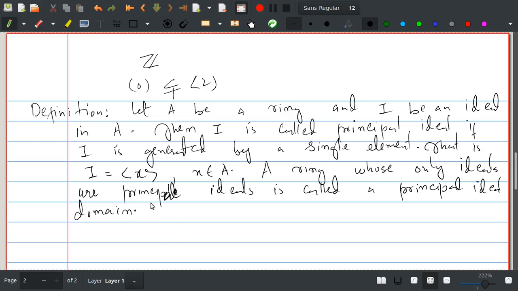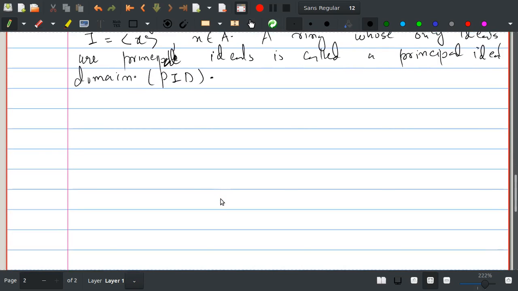And as a shorthand we write PID for principal ideal domains.